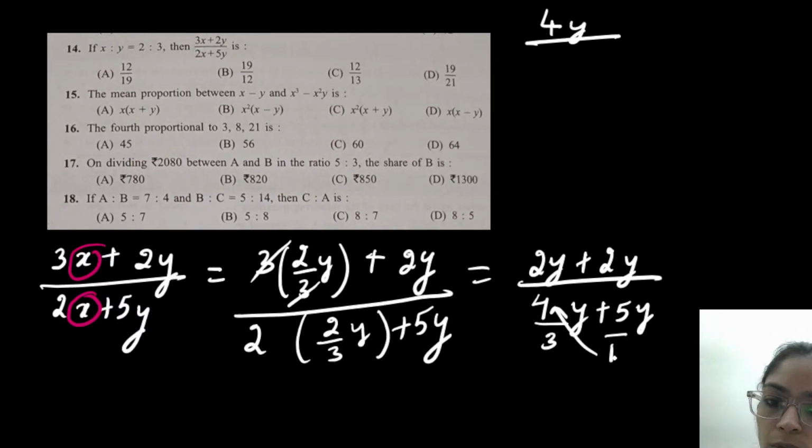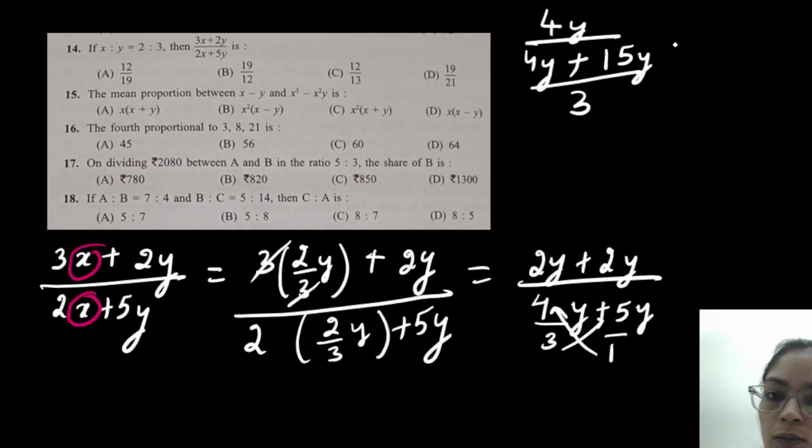So LCM I told you how to do, cross multiplication. So 4 into y is 4y plus 5 into 3, 5 into 3 is 15y, by 3 into 1. So what we will get, 4y plus 15y is 19y.